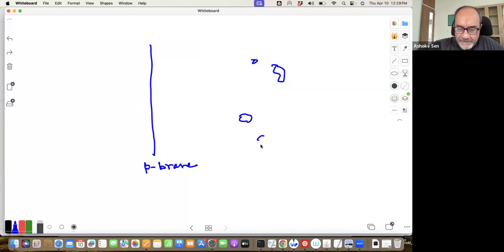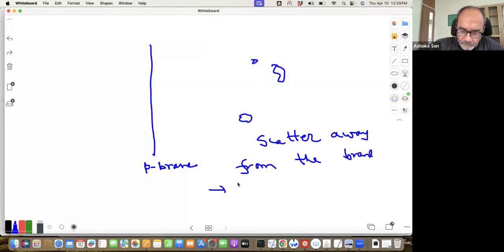So scattering away from the brane is captured by the bulk effective action.